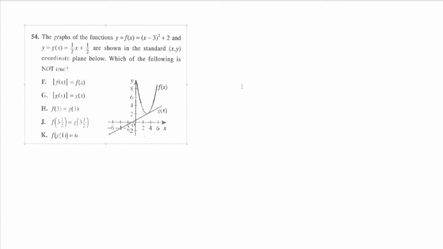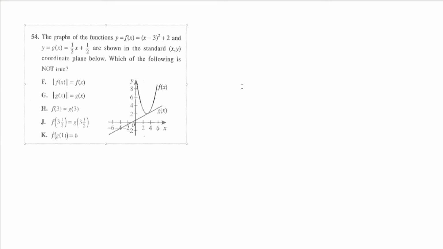Positive numbers, right? All absolute value cares about is whether this thing is positive or not. If it's positive, it just leaves it alone. So the absolute value of a positive is just the same thing, right? The absolute value of a negative is when it gets changed.